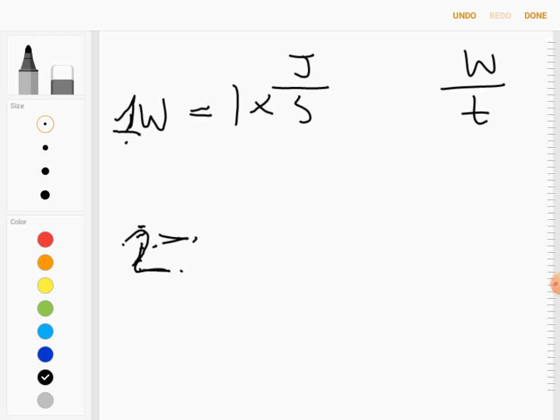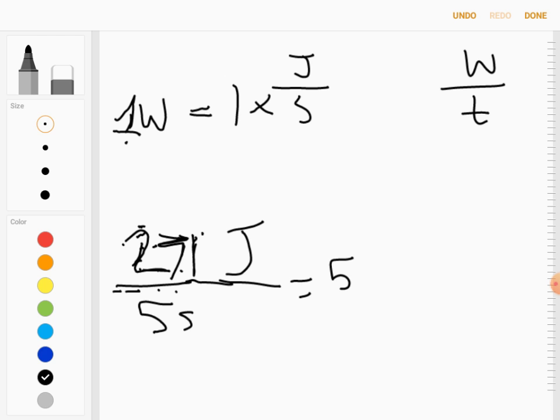So the work was 271 joules over the time, and it's not written, but remember, it was 5 seconds. And then that is approximately 54.3 watts. So that is the basics of work, energy, and power.